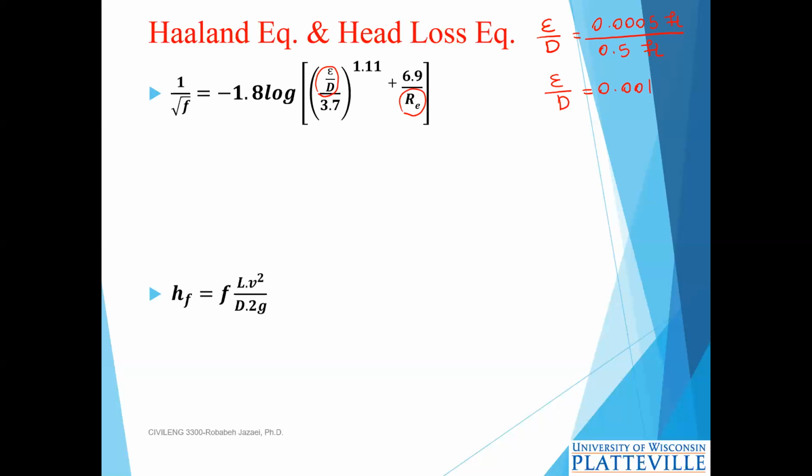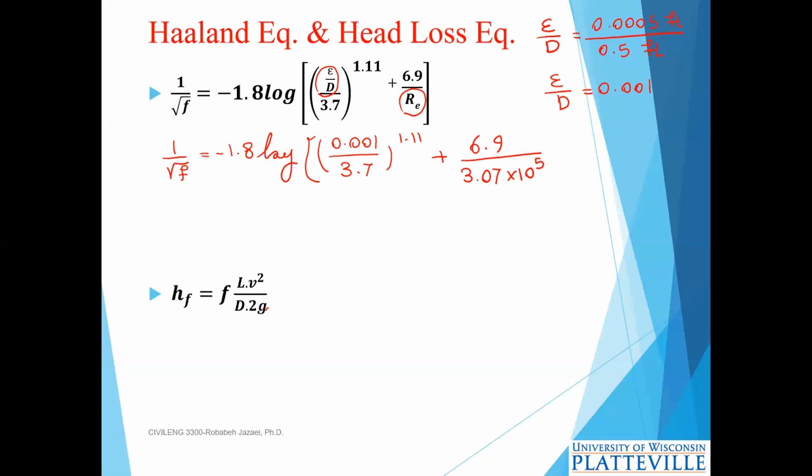Now I can find friction factor. All right, so 1 over the square root of friction factor is minus 1.8 log of (0.001 over 3.7) to the power of 1.11 plus 6.9 over Reynolds number, which was 3.7 times 10 to the power of 5.